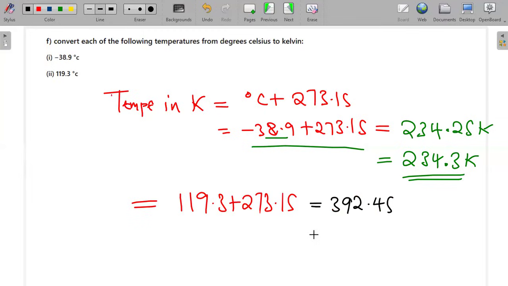But this has 2 decimal places, so I'll round it off to 392.5 kelvins. That would be the answer there. If you wrote the other one, they're going to deduct some marks. Any questions there, guys? Any questions?